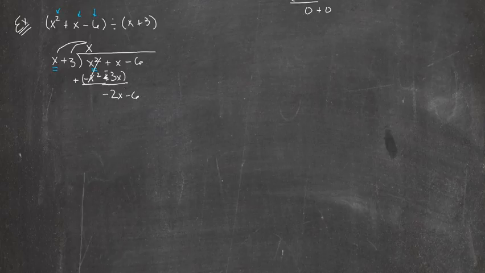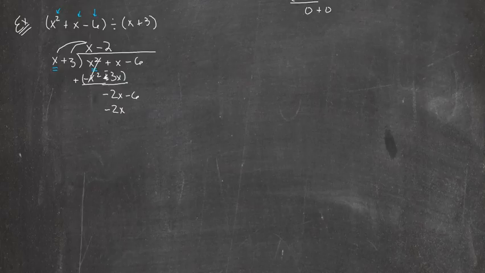Start again. What would I multiply x by to get negative 2x? Well, a positive and a negative is a negative. 1 times 2 is 2. And 1x times no more x's is 1x. So then do my multiplication. Negative 2x gave me my first term.